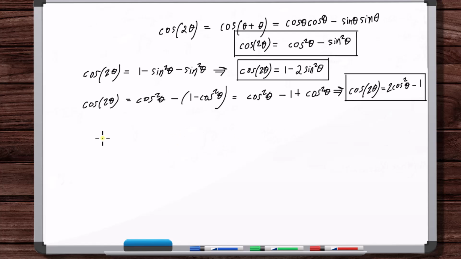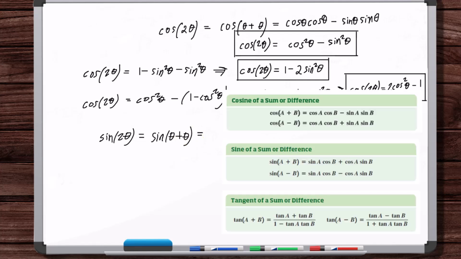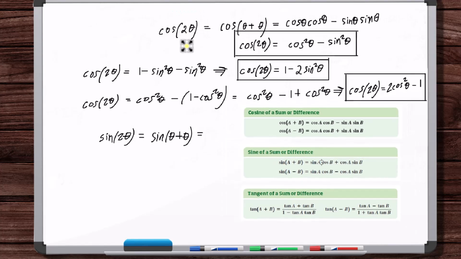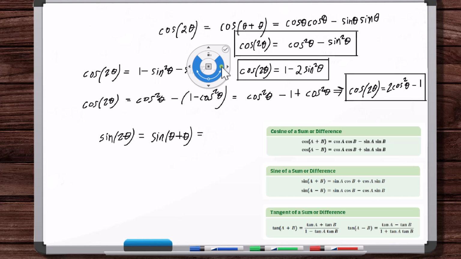Now let's think about double angle identities for sine. Same process here. Sine 2 theta we can write as sine of theta plus theta. And we can write this out: sine theta times cosine theta plus cosine theta times sine theta.